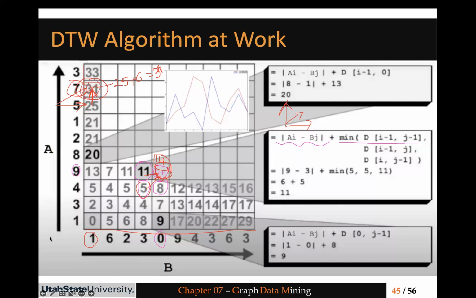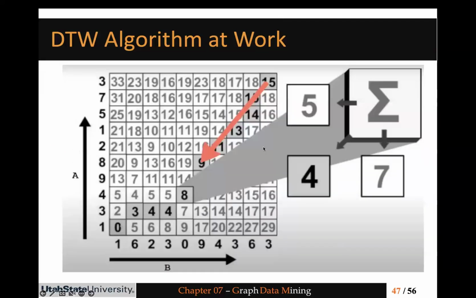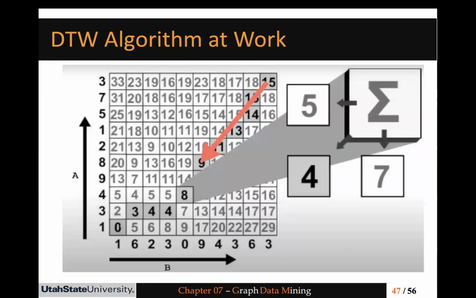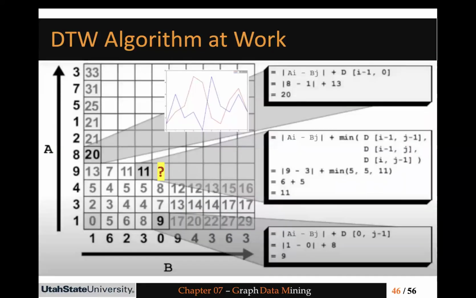So if you do that for all the cells that you have in this particular matrix over here, you're going to end up with your final DTW populated matrix over here. Okay, so this is the example that we just did over here.